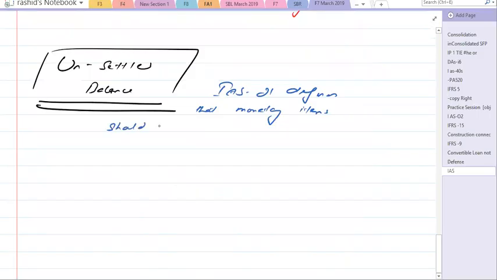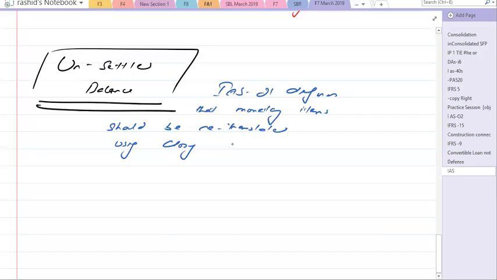So whenever I'm saying monetary items, that means non-monetary items cannot be retranslated. So IAS 21 defines that monetary items should be retranslated now using the closing rate, because they are unsettled till year end.